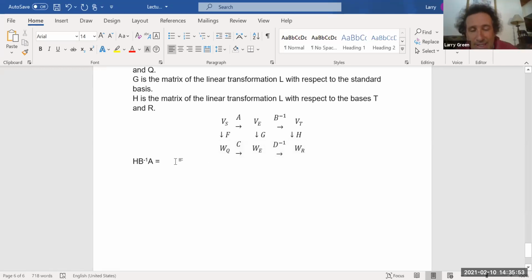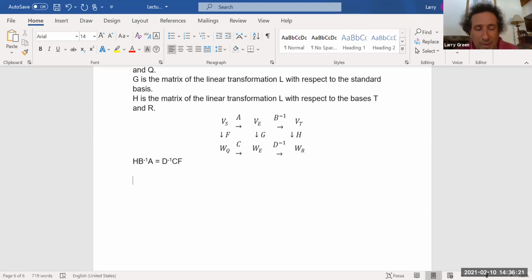And that is going to be D inverse C F. You always read backwards. And those will always be equal. Okay, and the proof is by diagram. Not a nice proof?